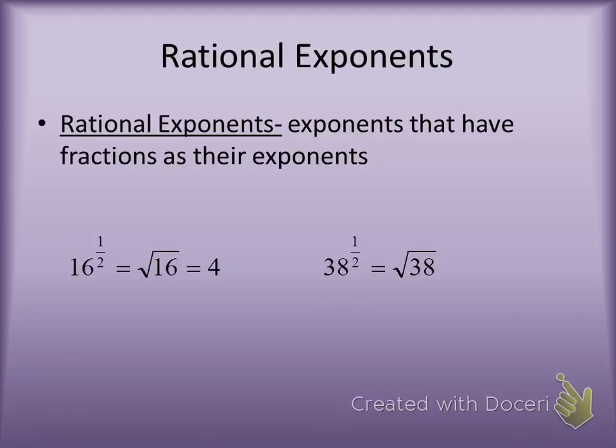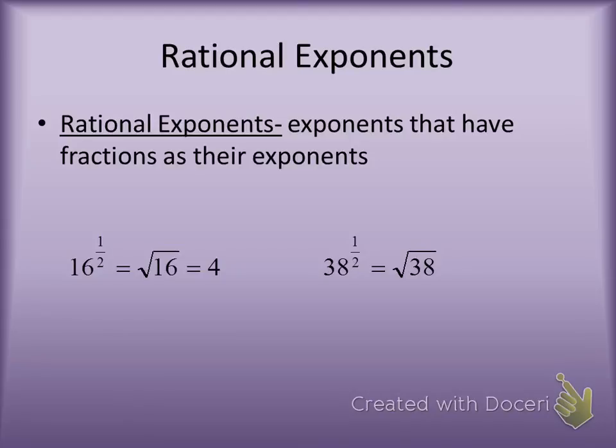There's more than just a square root. Did anybody know that? Like there's bigger than just square roots? Yeah, there's cube roots, fourth roots, fifth roots, sixth roots. There's all different types of roots. We won't get into those.